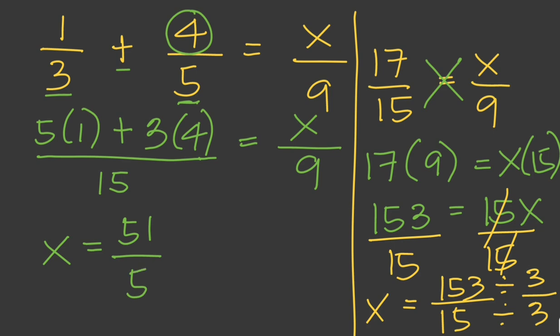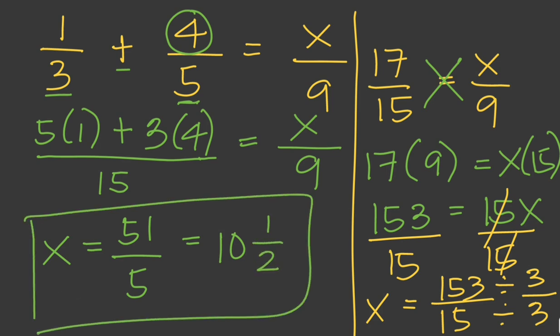So our answer is 51 over 5, or just 10 and 1/2. I meant not 1/2, 1/5. Okay, 10 and 1/5, because that is 5 times 10, which is 50, plus 1, which is just equal to 51 over 5.